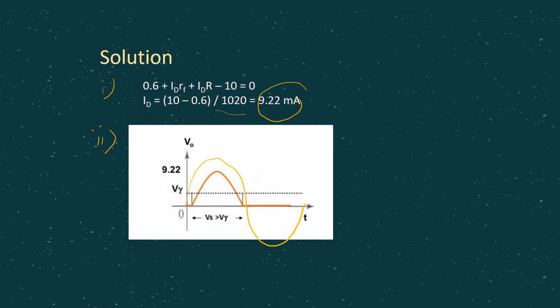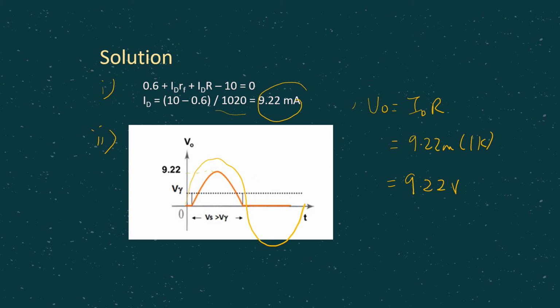Since ID is 9.22 milliampere, you know that V naught is actually ID times R. So we have 9.22 milli times the 1k, so that's why V naught is 9.22 volt. So the peak of the output voltage is 9.22.